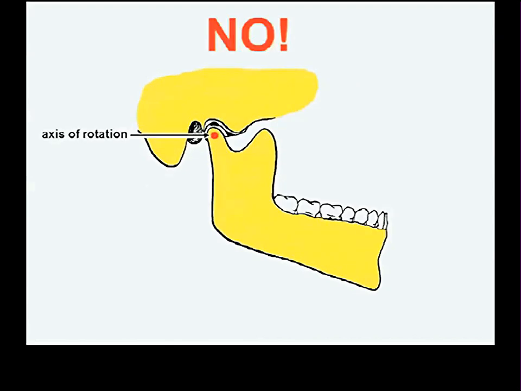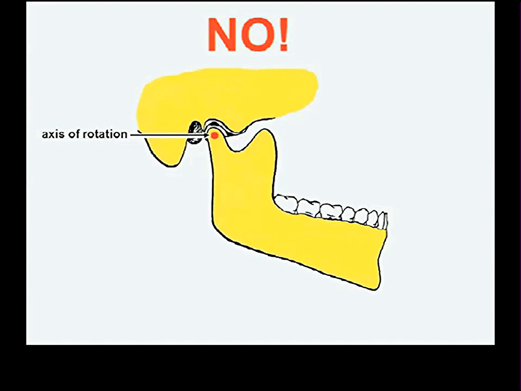You might think, that's what the big no means, don't think this. You might think that in opening and closing of the jaw, a line between your mandibular condyles would represent the axis of opening and closing. But in fact, you can prove to yourself that that isn't true by putting your fingers in front of your external auditory meatus and opening and closing your mouth.